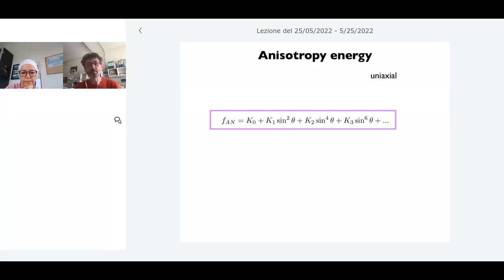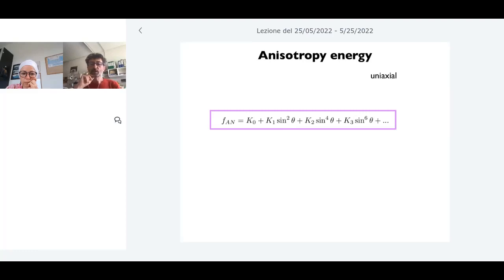Materials can have very different crystal structures. For example, if we have a certain easy axis, an axis which is different with respect to the others, why not expect that there is an energy associated with the magnetization being along that specific direction or perpendicular to it? And how to express this anisotropy energy?